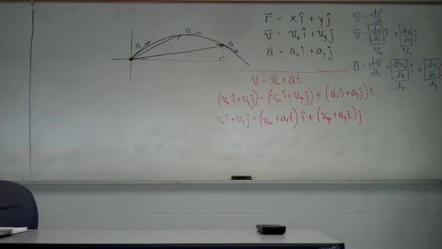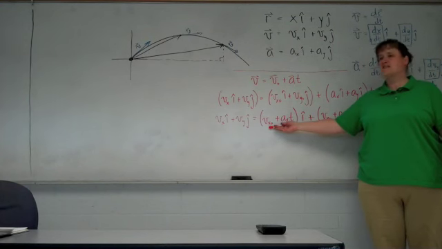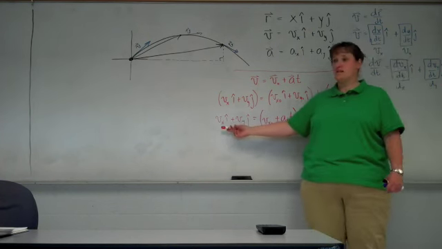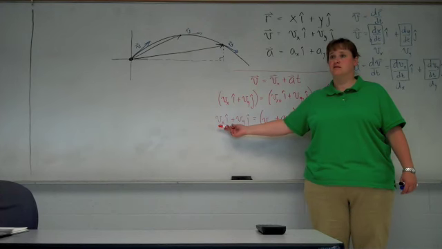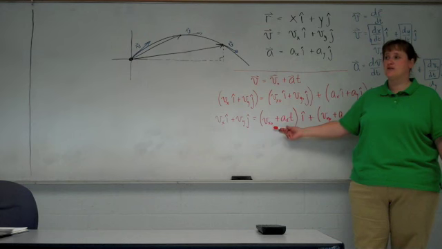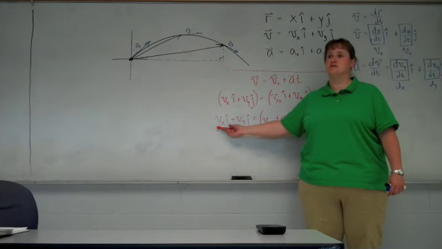Now this actually works out quite nicely. This x component on the right side, what does it equal on the left side? What's on the left side? X components determine which component?